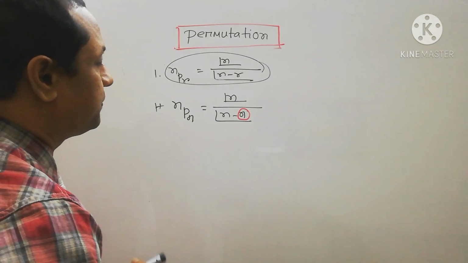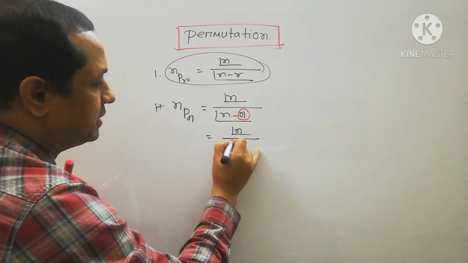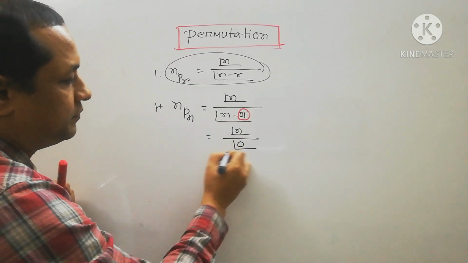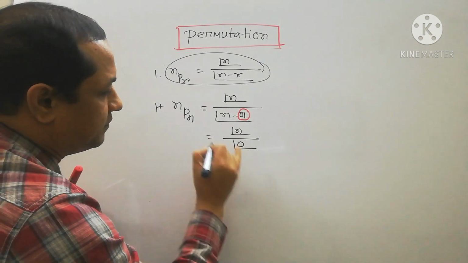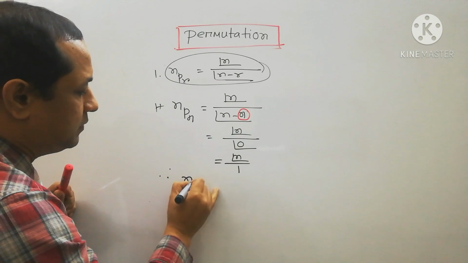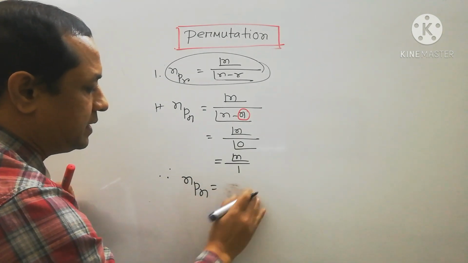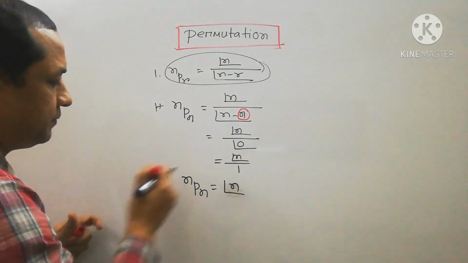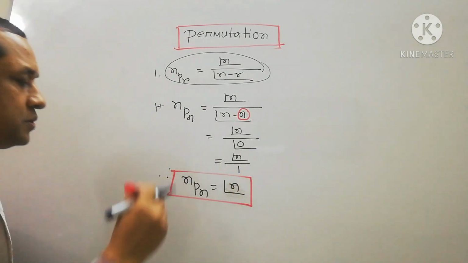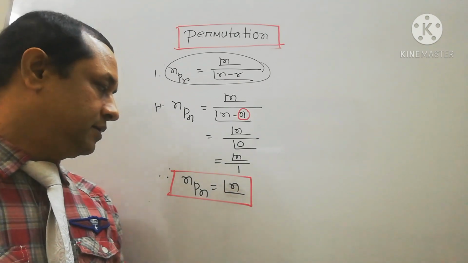Look at the board: factorial n by factorial 0. We know that factorial 0 means 1. Now we have the value of nPn equals factorial n.